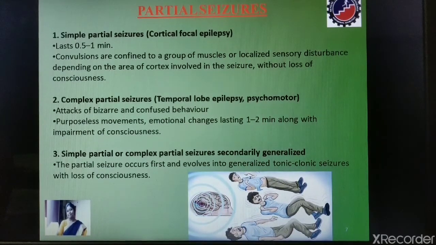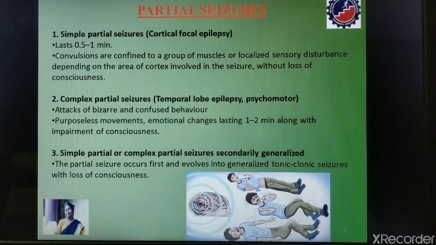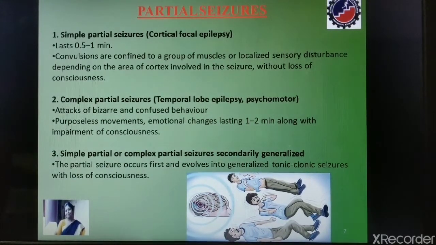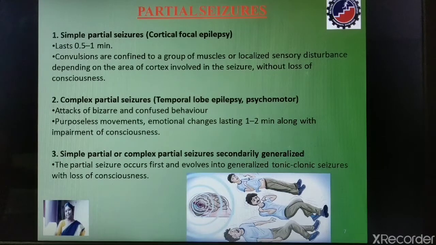In this case, there are localized sensory disturbances, visual or auditory hallucinations, depending on the area of the cortex involved, and that is why this is also called cortical focal epilepsy. In simple partial seizures, the patient remains conscious and is also aware of the attack.